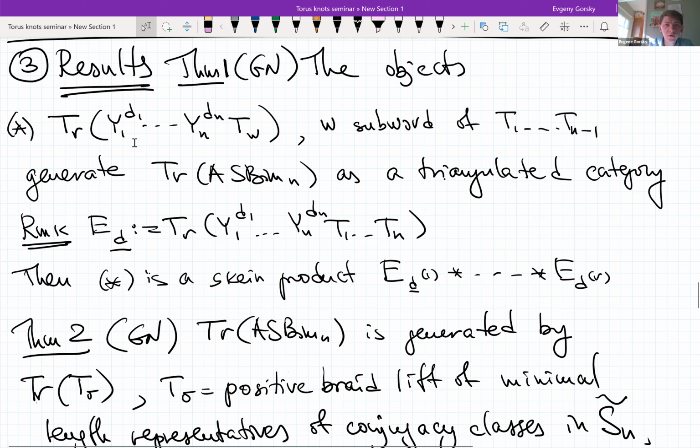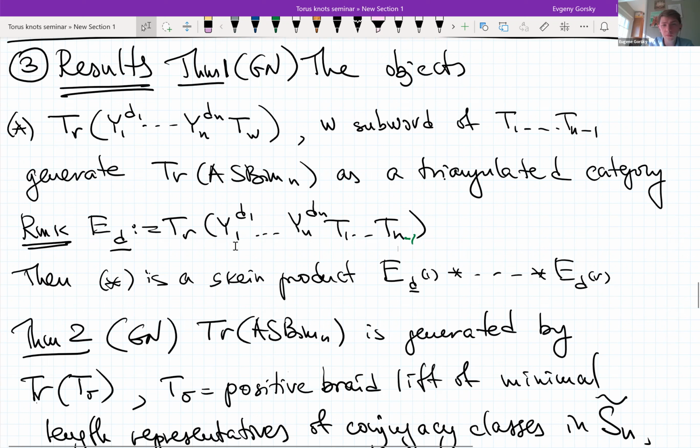And then the claim is that these guys already generate the trace of affine Zorg-Gilbert modules as a triangulated category. So any element in the trace can be written as some kind of cone, or iterated cone, built out of these guys. And so in particular, if you don't erase any letters, if you just take the product of Y1^d1 up to Yn^dn, and then you have T1 through Tn minus 1, that's a knot.